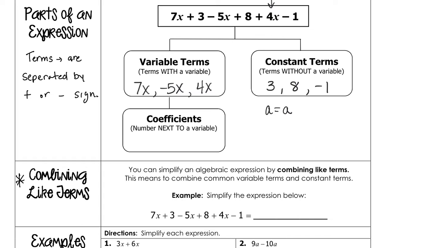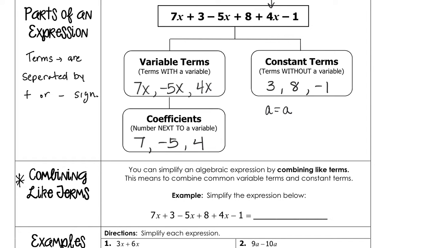The last thing we want to talk about is the number that is in front of or next to the variable. In the variable term, the number that is in front, not behind it, it's very important you understand it's in front of the variable, is called the coefficient. The coefficients up here are 7, negative 5, and 4.